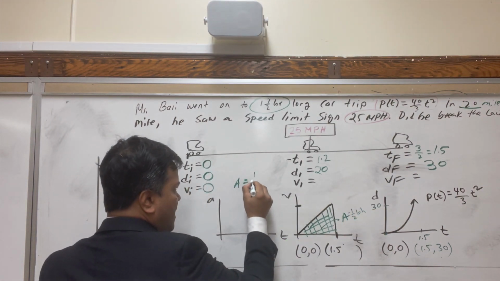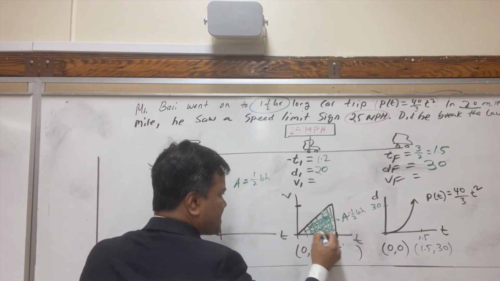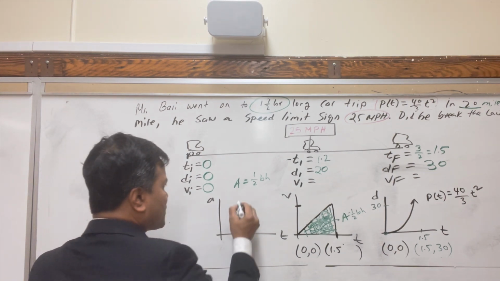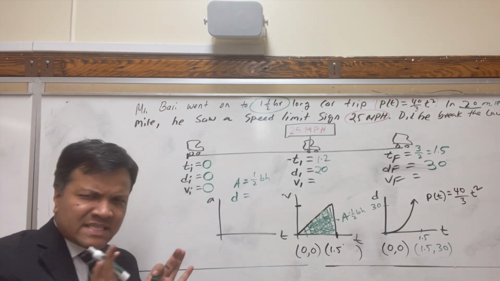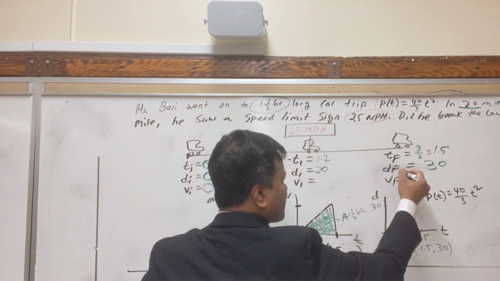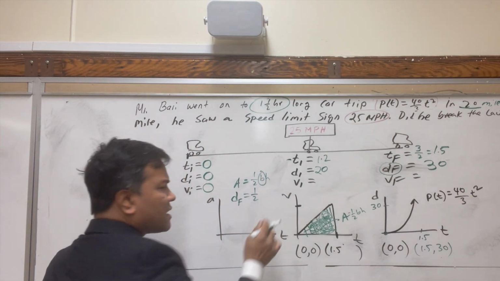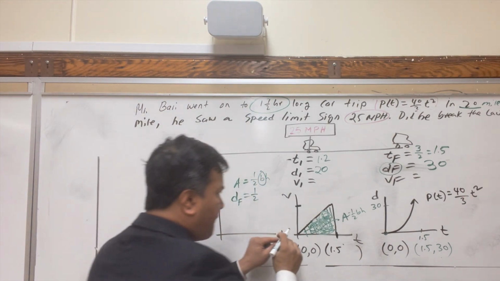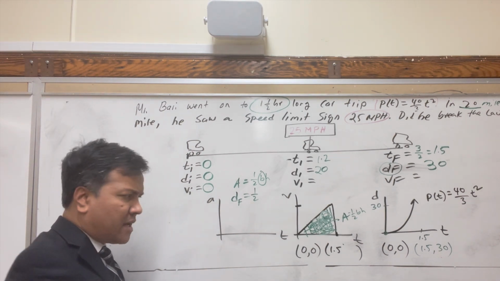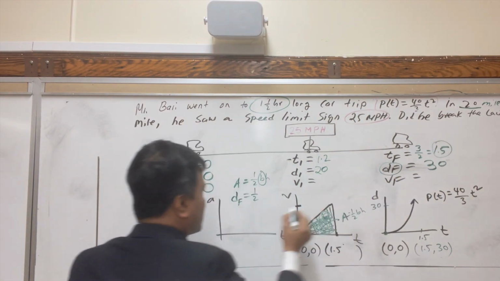This area in math class represents the distance or displacement here in the physics class. What distance does it represent? Final distance. Half B: this B represents base. What base does it represent? The time. What time does it represent? Final time.